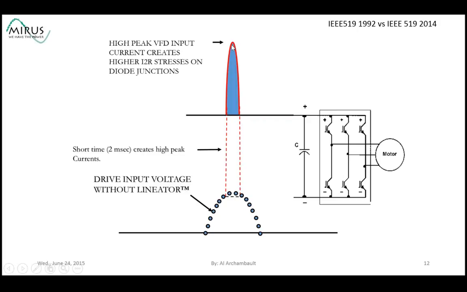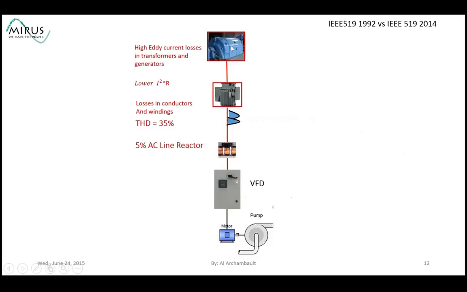And pulsing current does strange things to our electrical system. First of all, pulsing current increases eddy current losses in the steel structure of generators and also transformers. So eddy current losses are increased in these delivery devices.